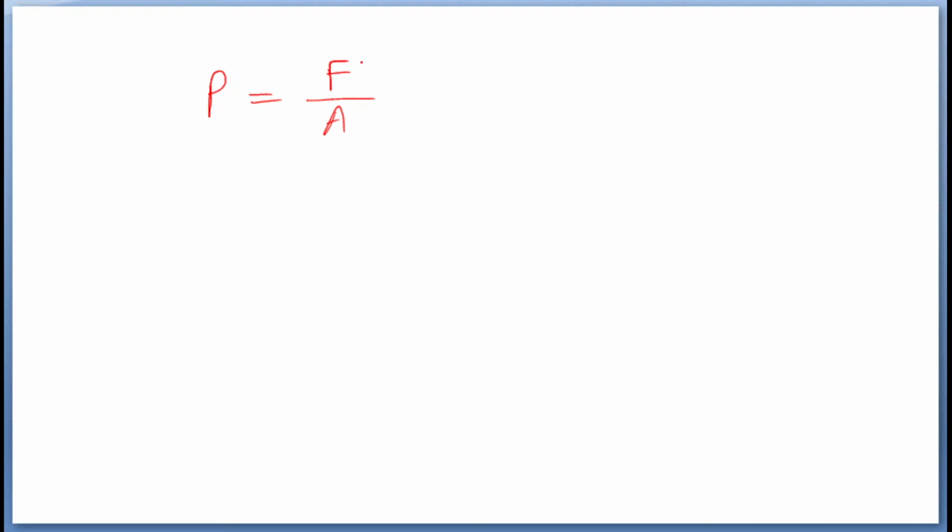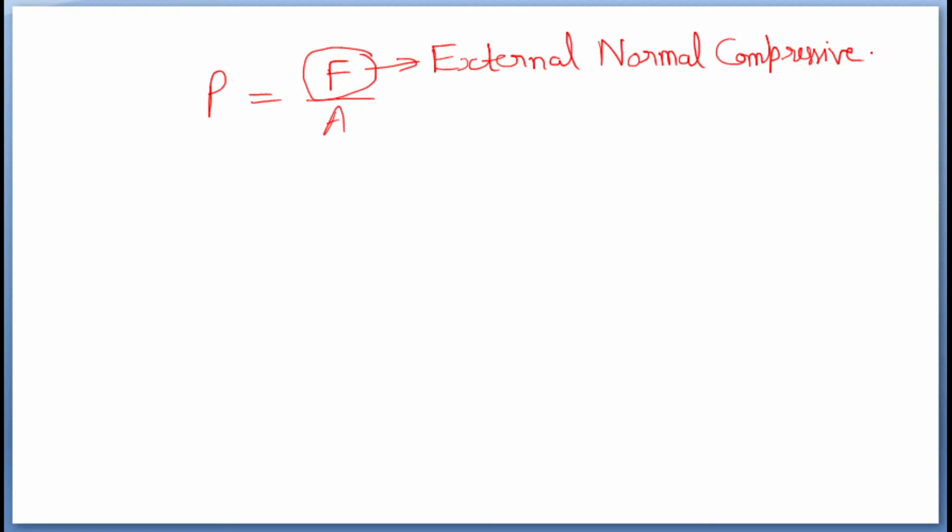What I want to say is that this force is not an ordinary force. In the case of pressure, it is external. Remember my words: external, normal, compressive force. These three terms are very important.